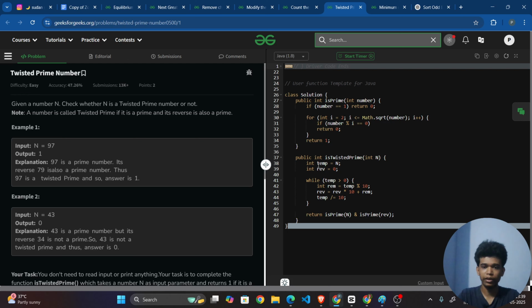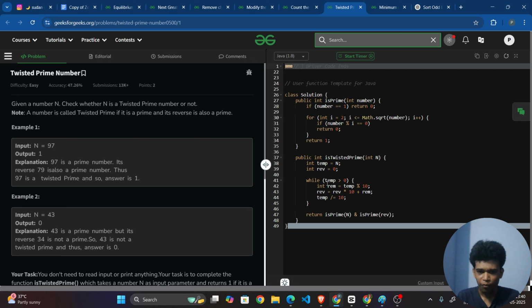Here I will store the n value in a temporary variable. I will tell you why. So see here, int reverse is equal to 0. Now while this temporary variable is greater than 0, what should I do? First I take the remainder using mod with 10. Then I set reverse to reverse times 10 plus rem, and temporary divided by equal to 10, which means I get rid of the last digit, the ones place.